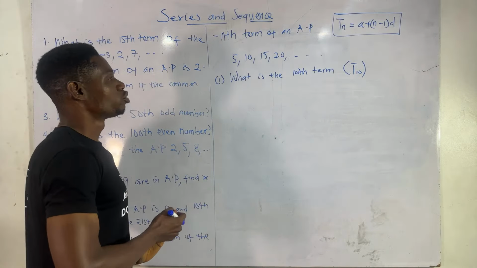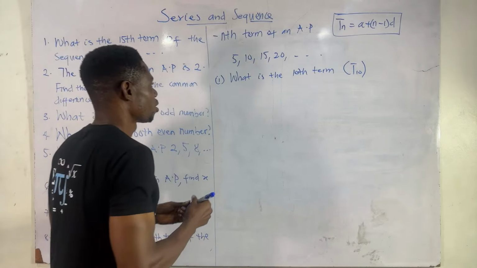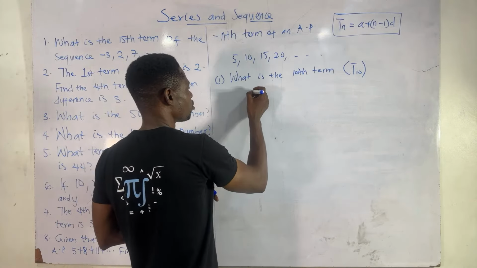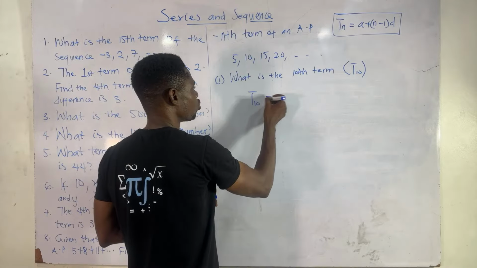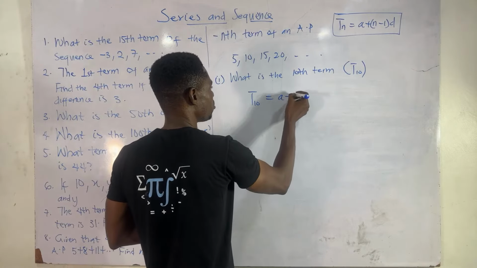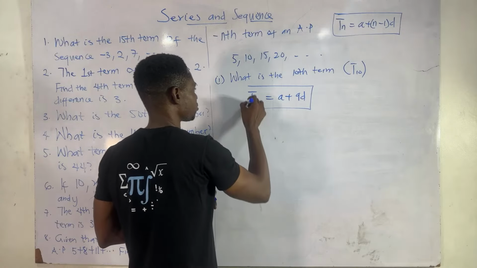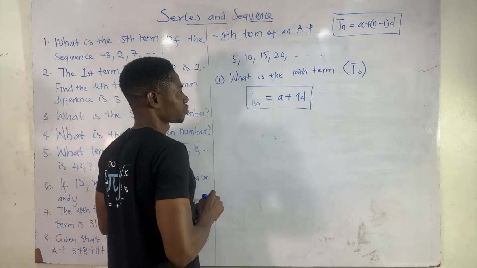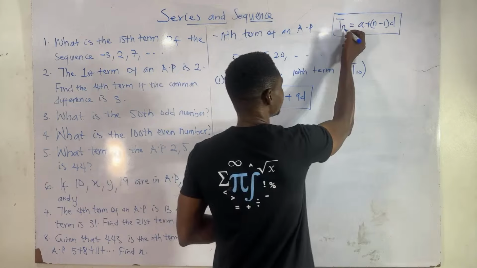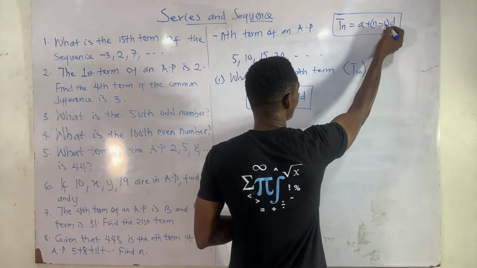Okay. So how do we do something like this? We know that the formula T10 will be equal to A plus 9D, right? Because 10 minus 1. Tn, whatever the number is, the number minus 1.